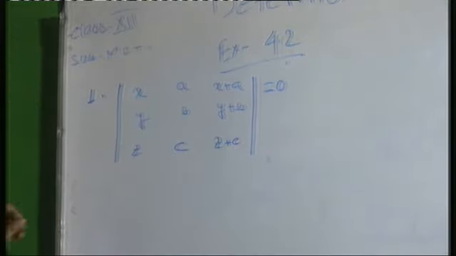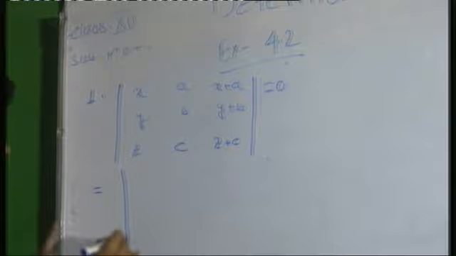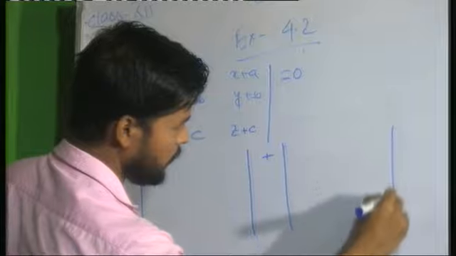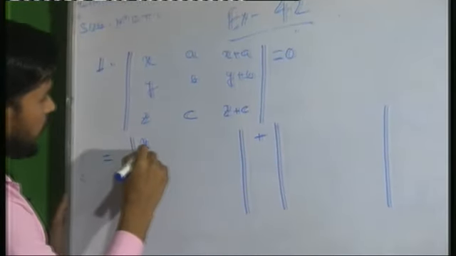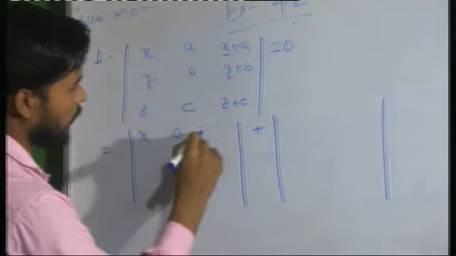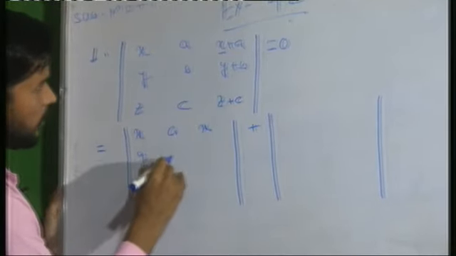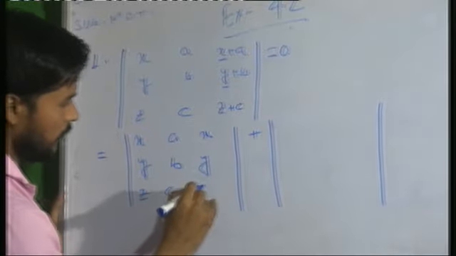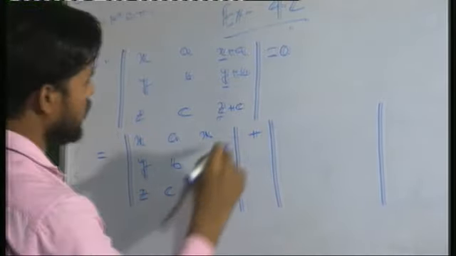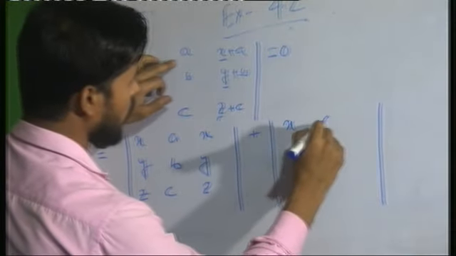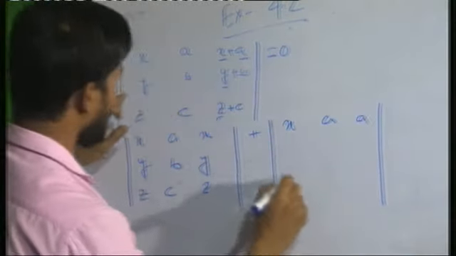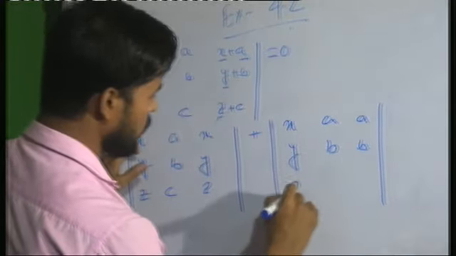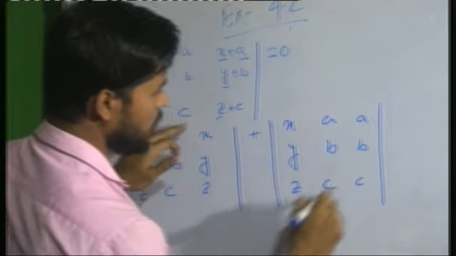Now this determinant can be written as the sum of two determinants: one with entries x, a and the first element x; y, b and y; z, c and z, plus another with x, a and the second element a; y, b and b; z, c and c.